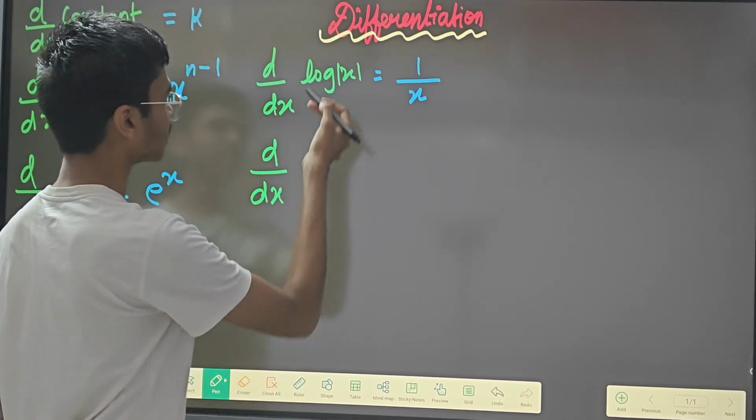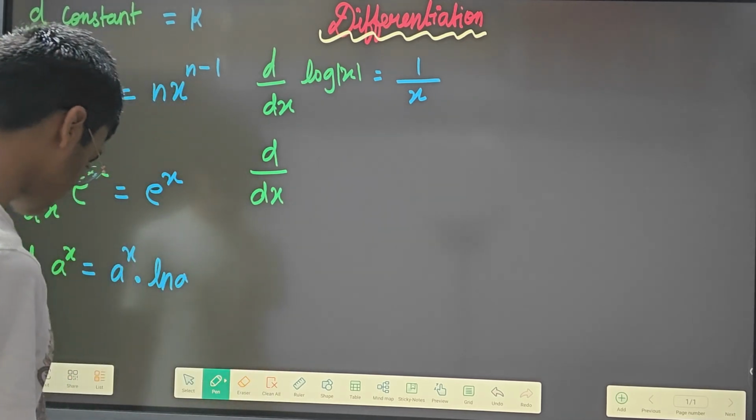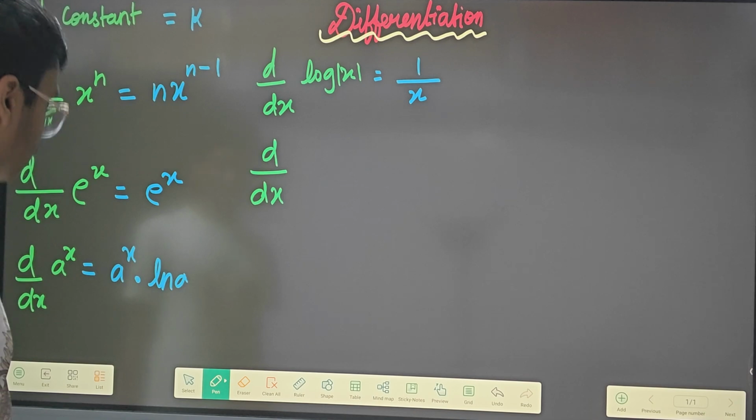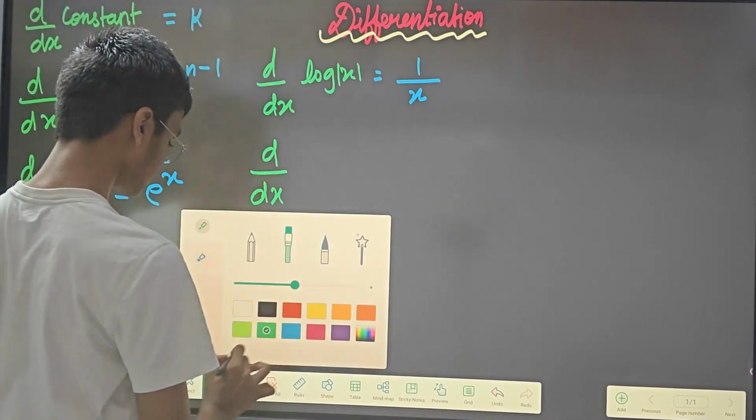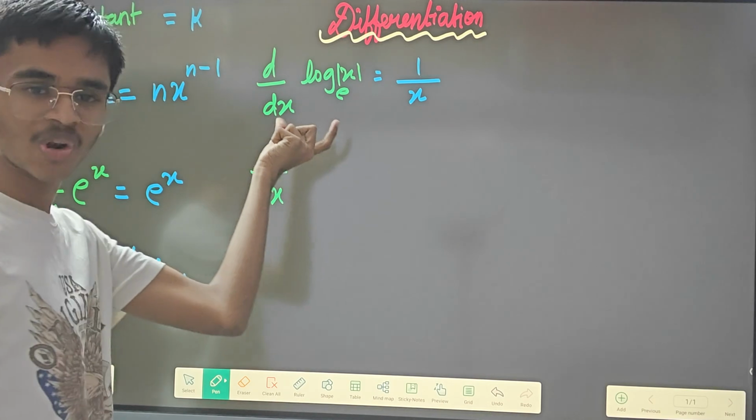You are having something like log to the base e, which means it is actually natural logarithm.